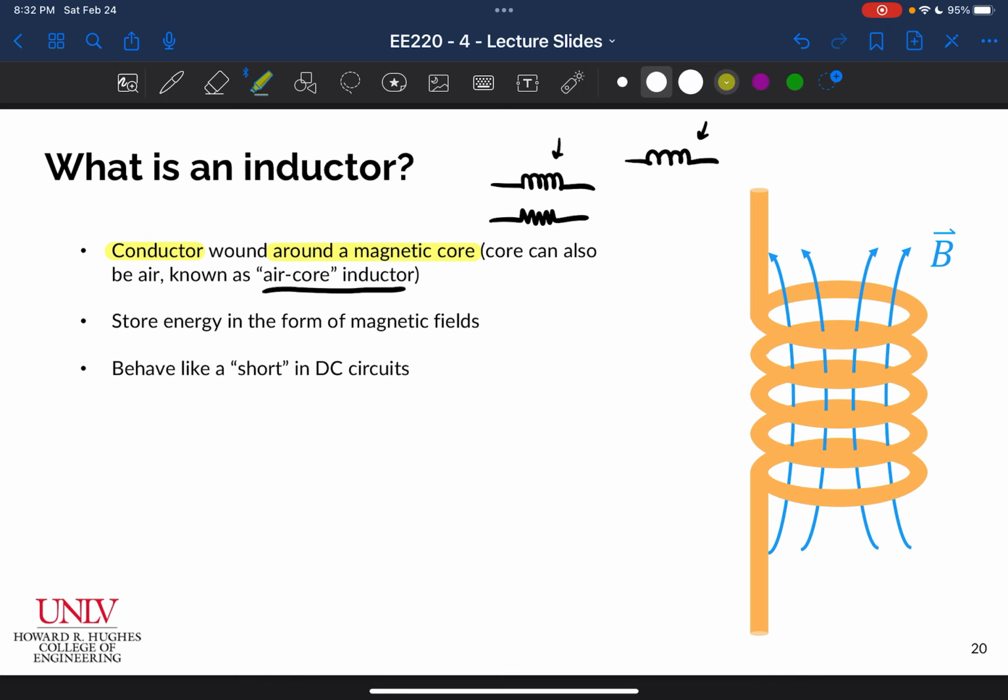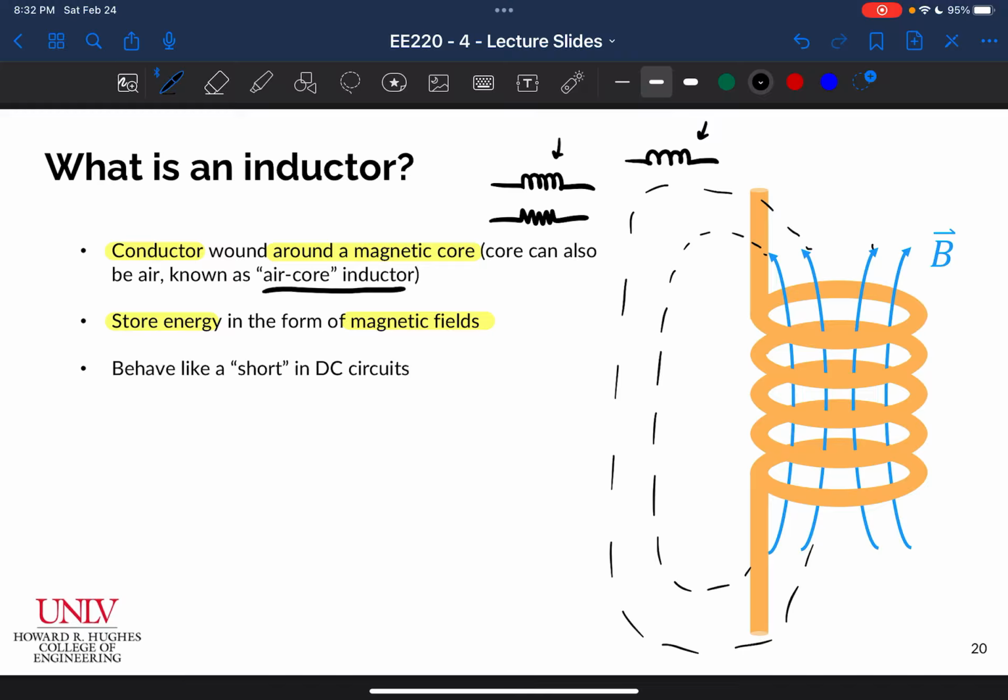The second thing here is that, differently from capacitors, an inductor stores its energy in the form of magnetic fields. I'm showing the magnetic fields here. The magnetic field lines would go out and around the space around this inductor, just like this. This is basically a magnet. It's an electromagnet when it has current flowing through it.